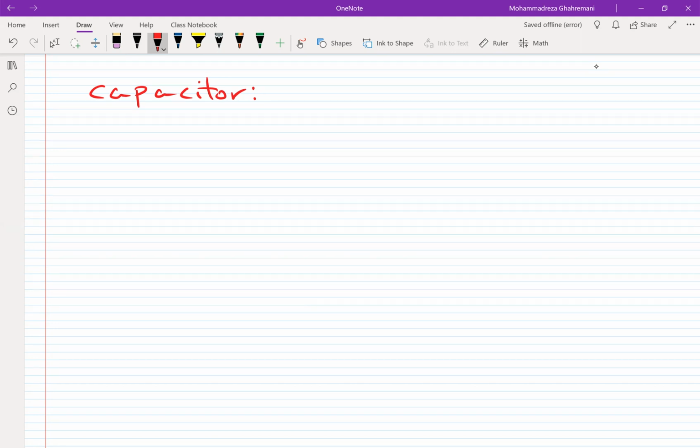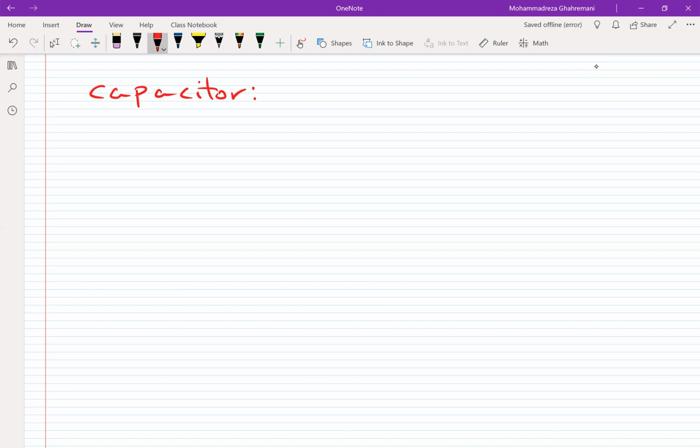It is a passive electronic component with two terminals, and it stores electrical energy in the form of electric field.